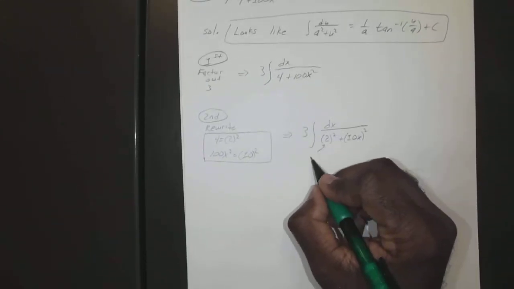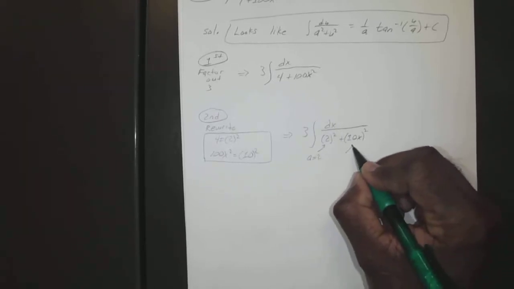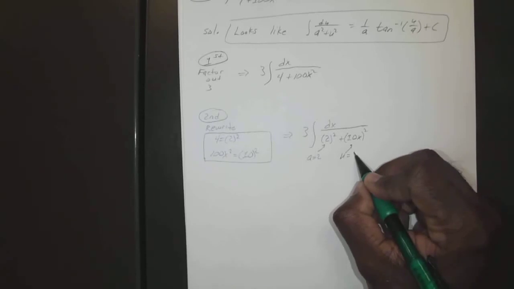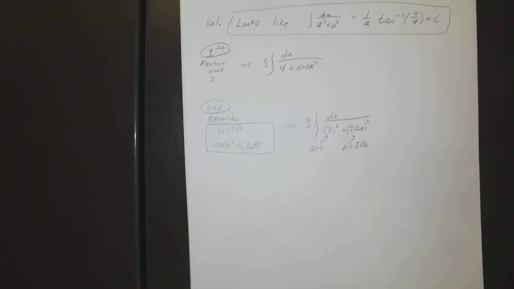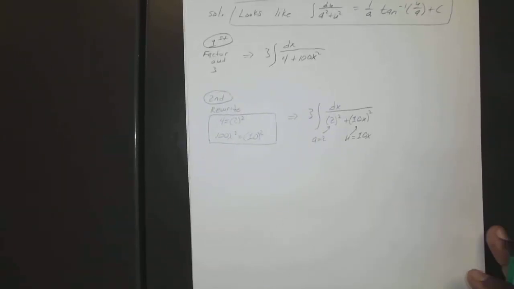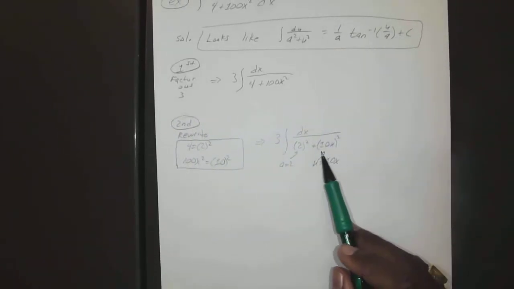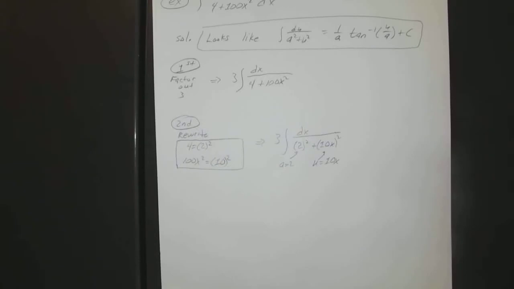So that means our a is equal to 2, and our u is equal to 10x. That's 10x squared, right? Nope, just the 10x, because remember, it's u squared, so whatever is in there is going to be squared. You don't need the square for the u. I was looking at the rewrite, I'm sorry.